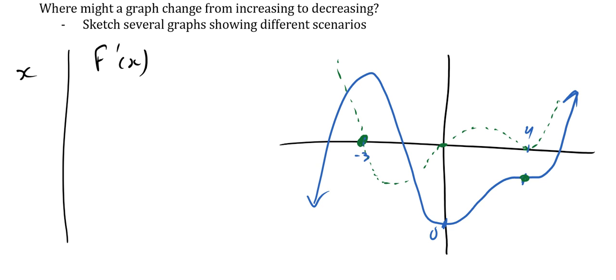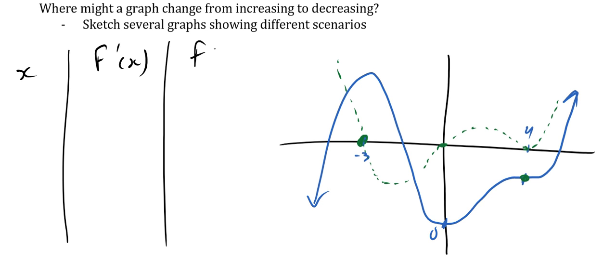And I can do some interval testing, and I know that in between those important points, there's nothing interesting happening. But at those critical values, something interesting might be happening. So we can test the intervals and figure out what's going on. So let's take a look at that. I think it'll make more sense once we get into this.